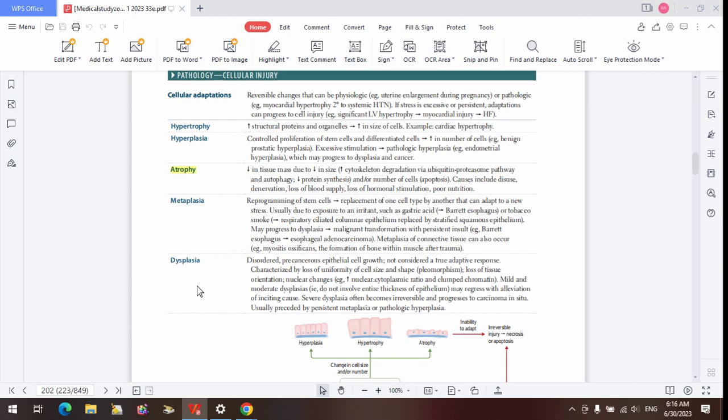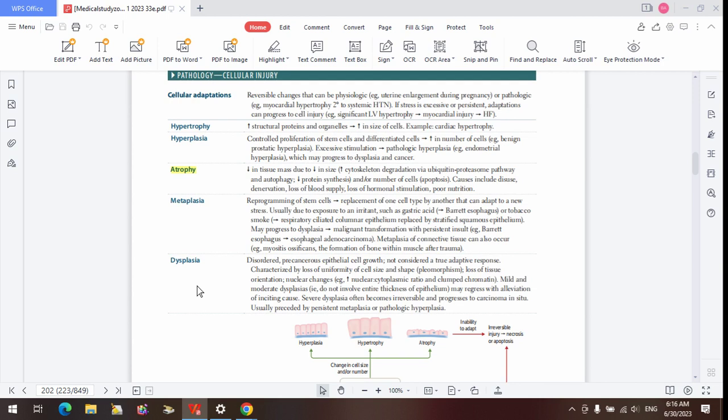So what are these plastic changes we talked about? We said we are going to look at the entire cell and we are going to look at the nucleus. For the entire cell, we are looking at the uniformity of the shape and the size. There's going to be loss of uniformity of the shape and the size, which brings about scattering of the tissue orientation.